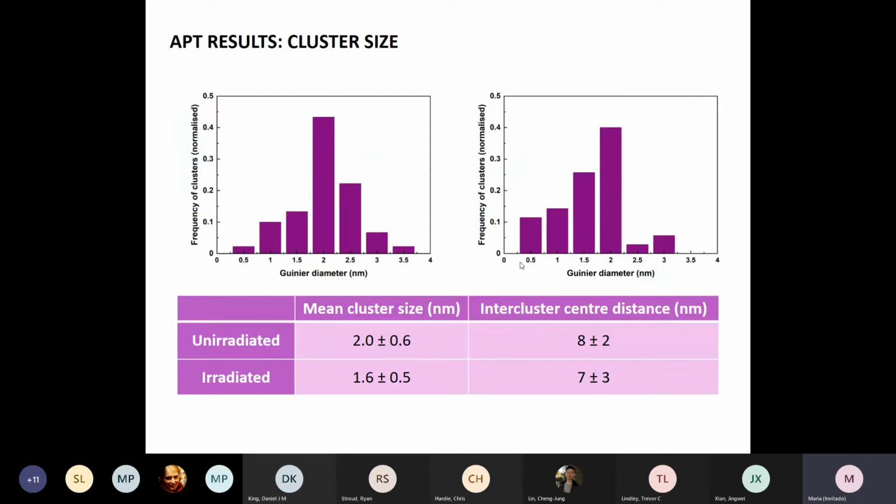And in atom probe tomography, or in TEM actually, we can also measure the distance between one precipitate and the first neighbor. That intercluster distance was slightly closer after irradiation, enhancing our statement of some large precipitates being reprecipitated as smaller ones.